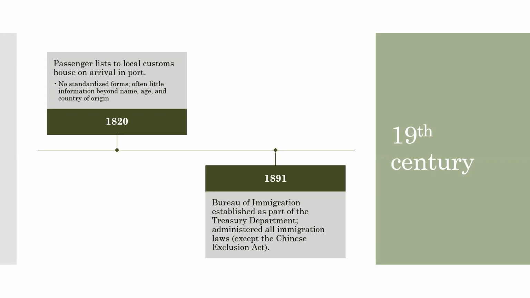In 1891, the Bureau of Immigration was established as part of the Treasury Department, and they administered all immigration laws, which meant regulating who could come into the country. There were still very few regulations. They were basically excluding polygamists, anarchists, convicts, and prostitutes.